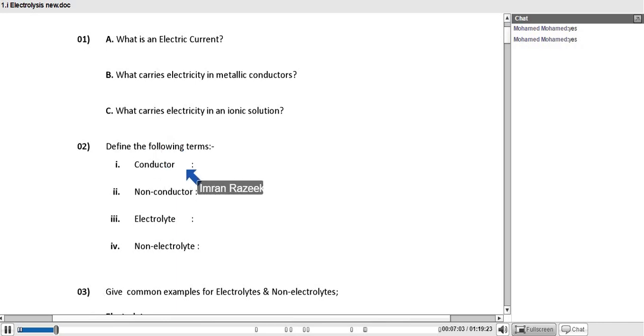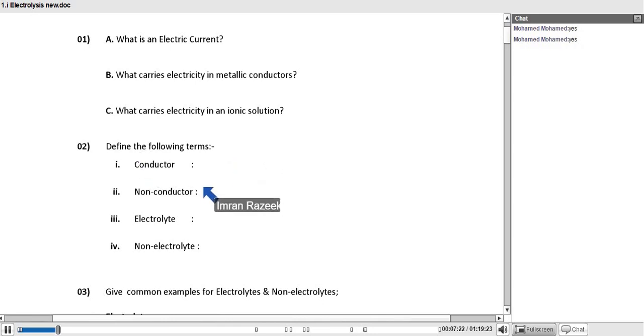For the definition of a conductor: a substance which carries electricity or electric current via free mobile electrons.